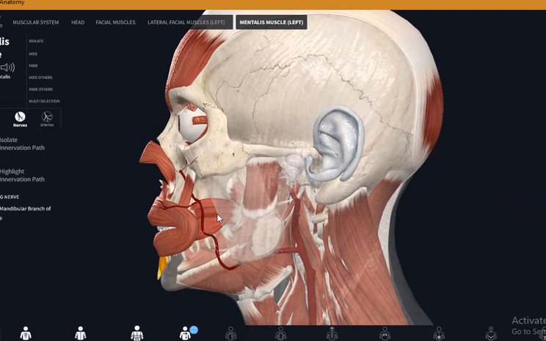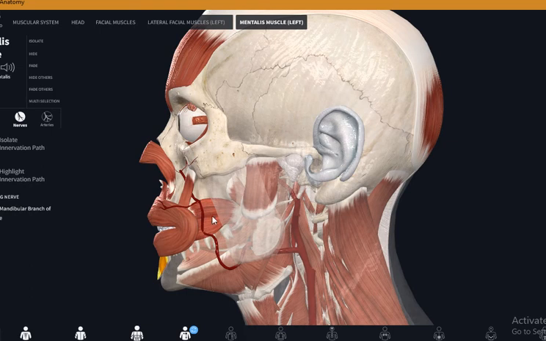You see that the buccinator is found deep, and when it contracts, it is used to make sure that the food does not accumulate in the vestibules of the mouth, and that the food that you are eating should always be found in the oral cavity for you to masticate. So the buccinator is used for that.